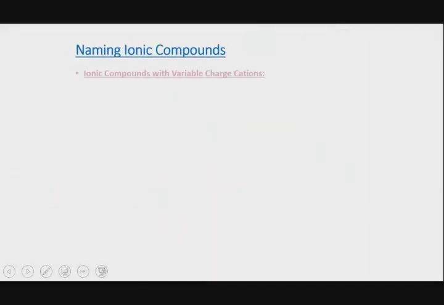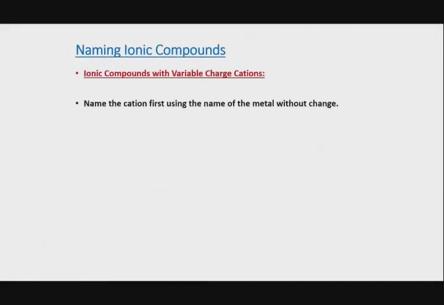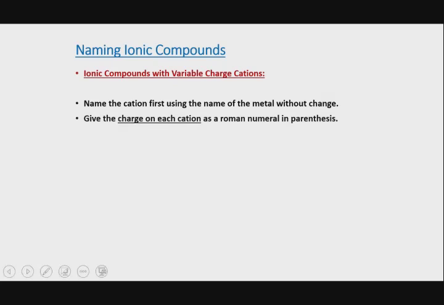Okay, so the naming of compounds that have variable charge cations is very similar to that of naming of ionic compounds with fixed charge cations. First step is we name the cation using the name of the metal without any change. But as I said before, when you're naming these compounds, you have to specify the magnitude of the charge on the cation.